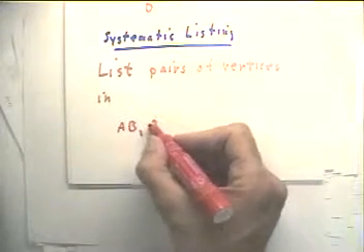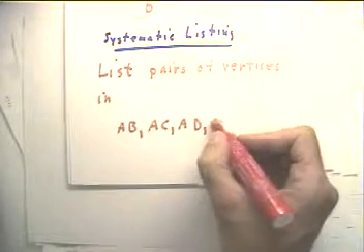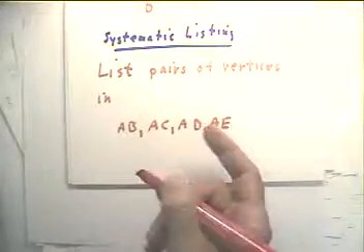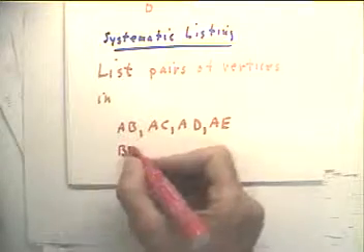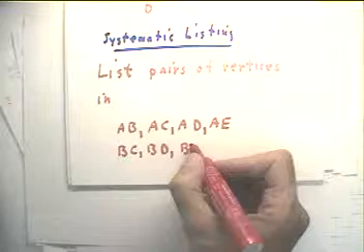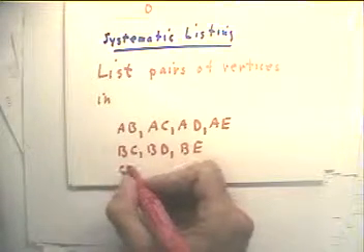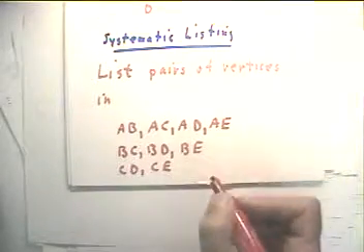Okay, we list AB, AC, AD, and AE, and we have all the lines that start at A. Then starting at B and not listing any of the ones that started at A, we have BC, BD, and BE. And then starting at C, we'll have CD and CE.